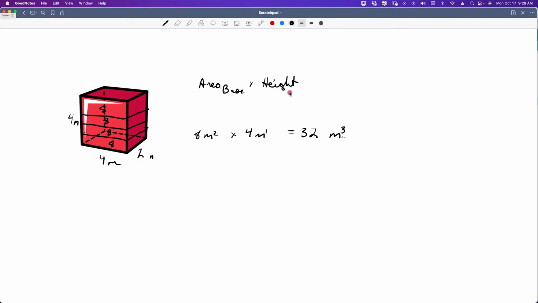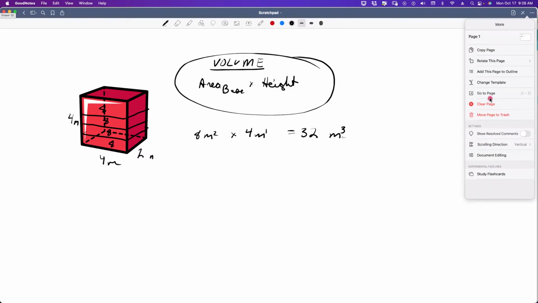Or based on your perspective, it could be a height, a width, and a depth, based on how you're looking at it. But this is the formula that you need to write down in your notebook for volume: the area of the base times the height. That is how we find it.